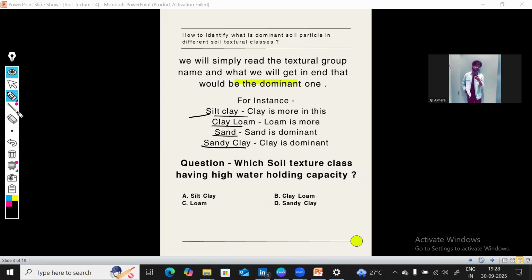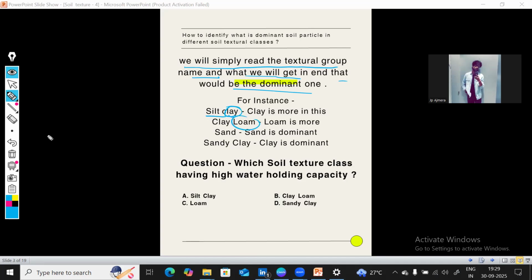It is very simple. What is the trick to identify that this soil particle is dominant in that particular texture? We will simply read the soil texture group name. What we get in the end, that would be the dominant one. The trick says that what comes in the end is the dominant one.